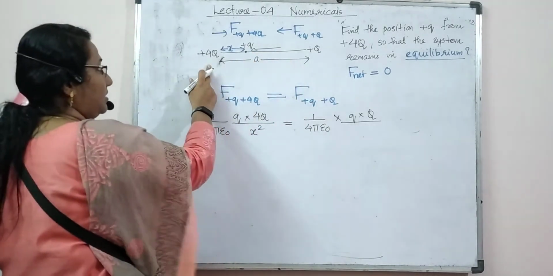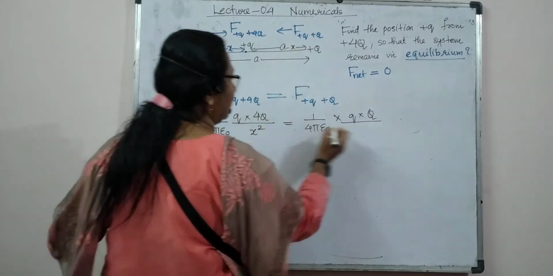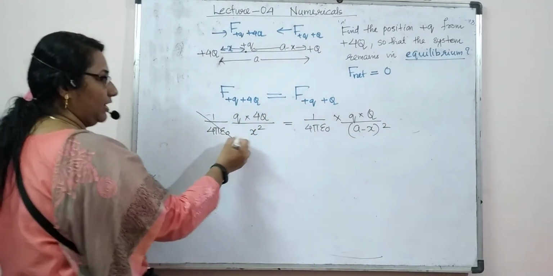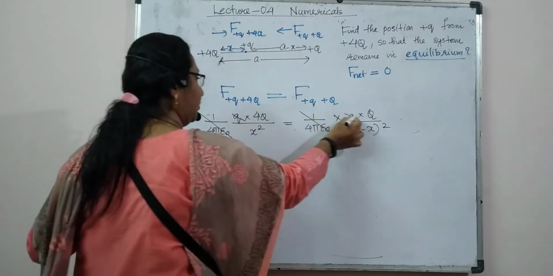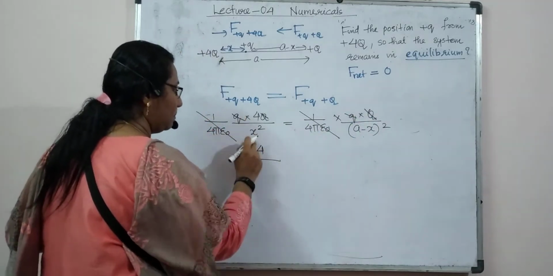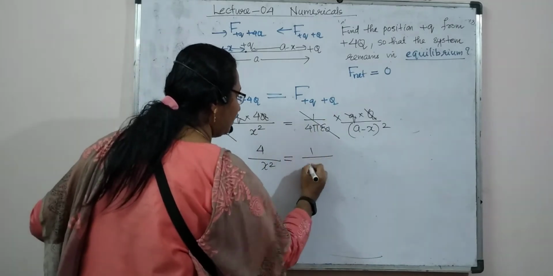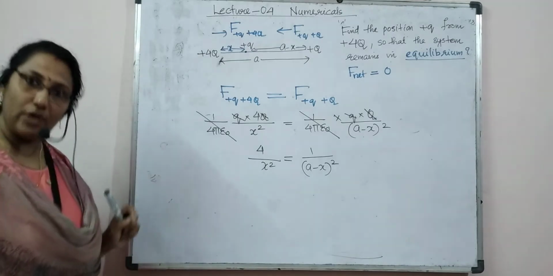The total distance is a, this is x, the remaining is a minus x, the whole square. Solving, 4 by x square is equal to 1 by a minus x, the whole square. All of them are square values.